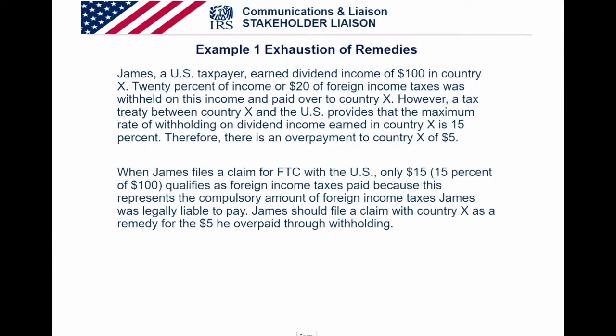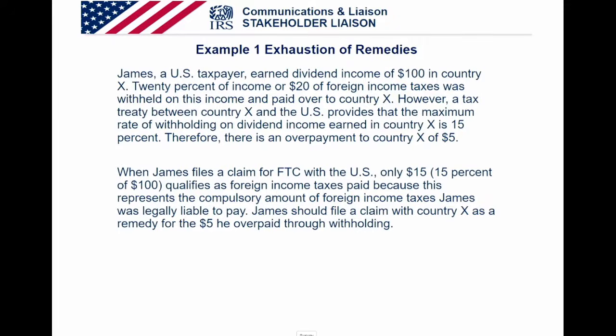James, a U.S. taxpayer, earned dividend income of $100 in country X. 20% of income, or $20 of foreign income taxes, was withheld on this income and paid over to country X. However, a tax treaty between country X and the U.S. provides that the maximum rate of withholding on dividend income earned in country X is 15%.